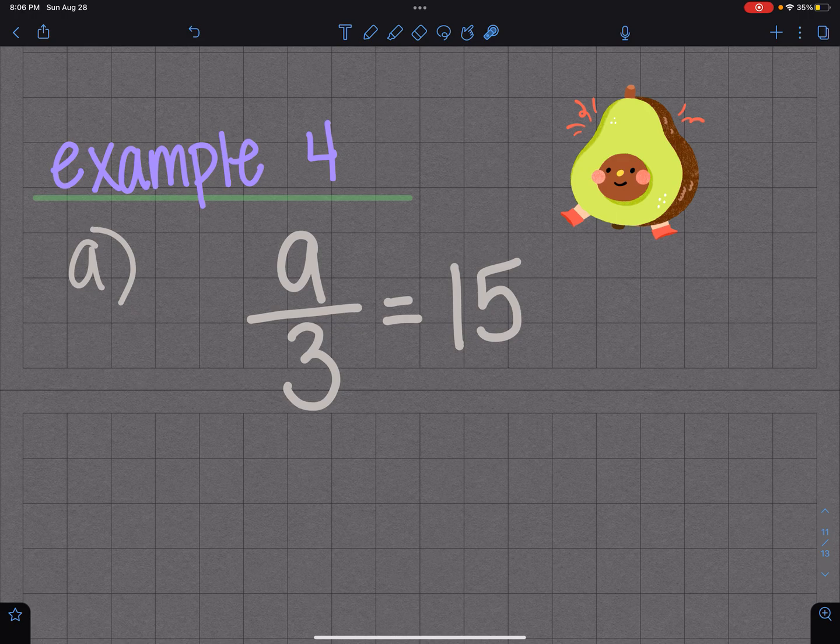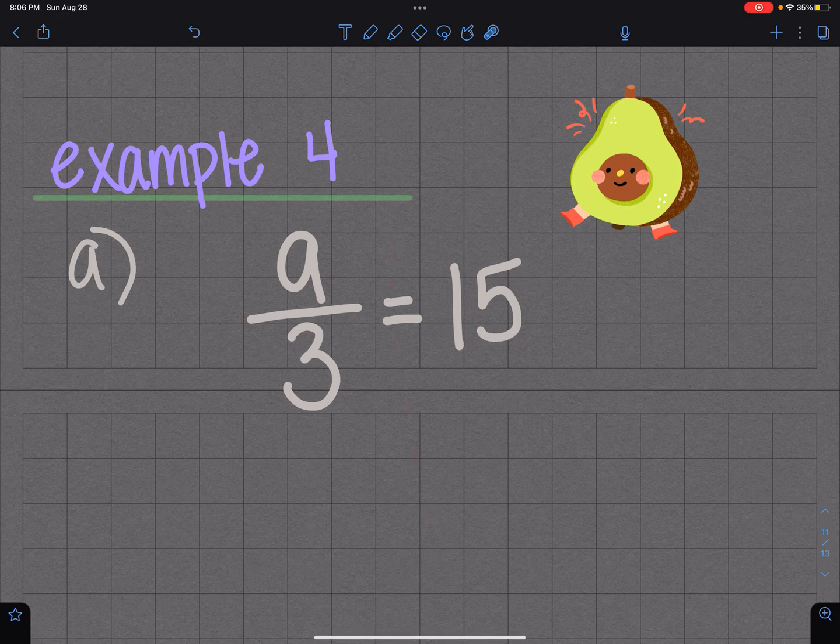Okay, so A divided by 3 is equal to 15. This is an example of finding the missing dividend because we're trying to find the big number that's missing, right? And so we're going to do the inverse operation. I still like to do the same thing to both sides.